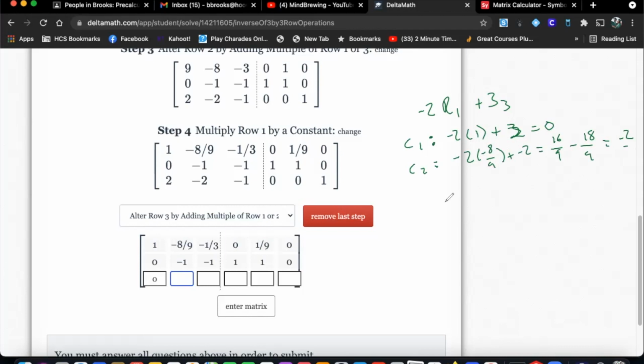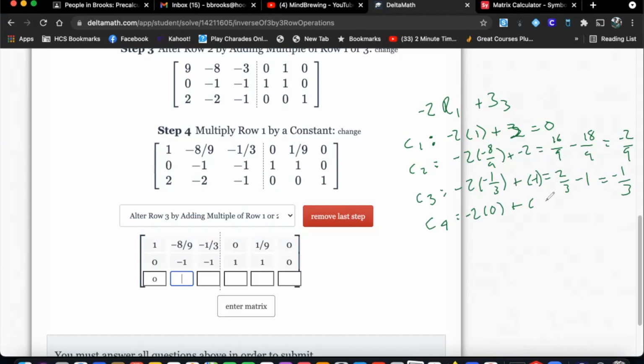Column 3, I've got -2 times -1/3. And in column 3, I've got plus -1. So that's going to be positive 2/3 minus 1, or -3/3, which gives you -1/3. Column 4, thankfully, is -2 times 0 plus 0.